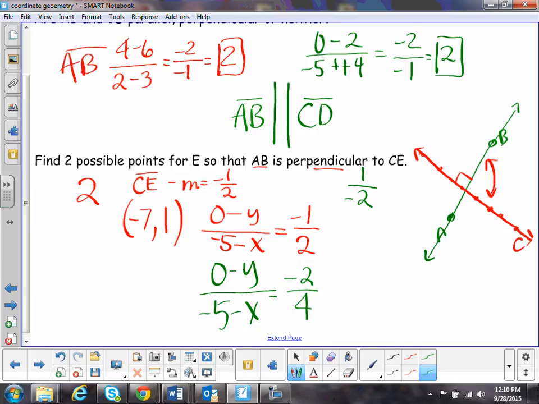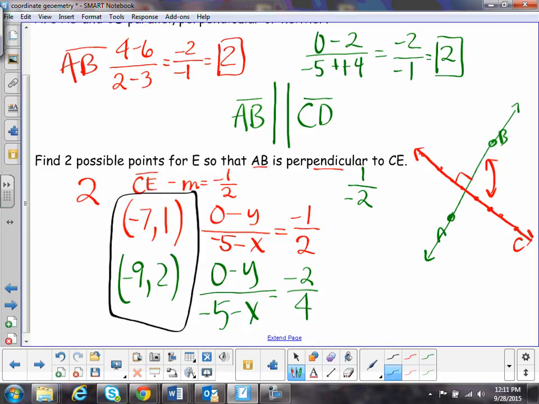Okay, so there's lots of different ways to do that. Okay, 0 minus 1 gives me negative 2. Negative 5 minus what gives me 4? Negative 9. Good job. And there's my 2 answers right there. Those are 2 possible answers for that.